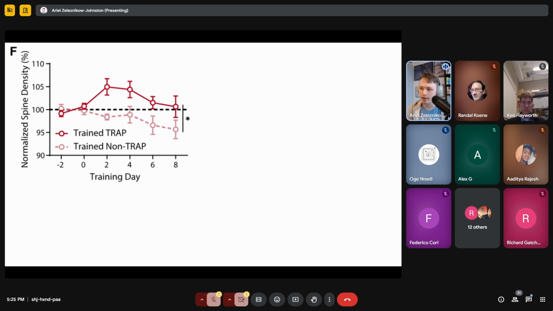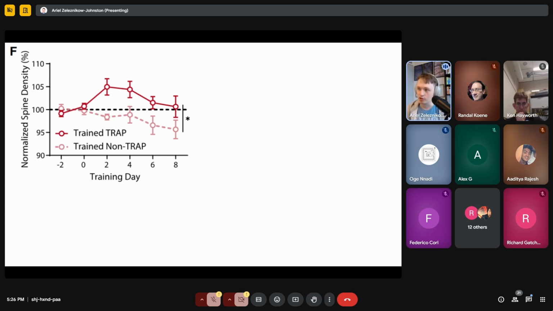They're distinguishing between neurons that were trained and then trapped, so neurons that they established were definitely part of the engram that served the animal's behavioral performance, and other neurons in M1 that weren't trapped, so that presumably weren't part of the engram for the animal's behavioral performance. And what you can see here is the spine density changes over the course of the training. We're taking the pre-training period as baseline.